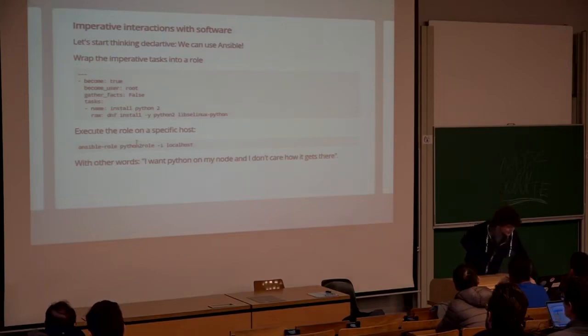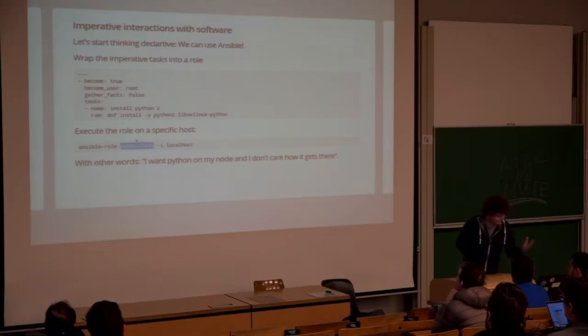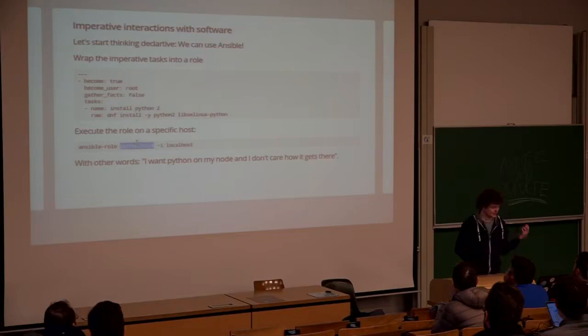And the user then just does something like this: ansible-role python2 role on the host localhost. This would just, in other words, say I want Python on my node, and I don't care how it gets there. Someone else can write the role. So that's declarative thinking. That already goes in the direction of declarative systems, but the system itself is not declarative.